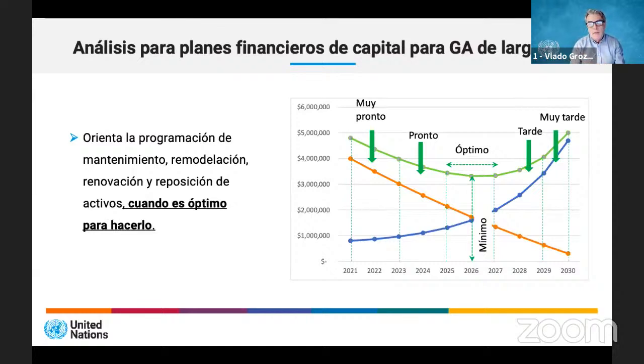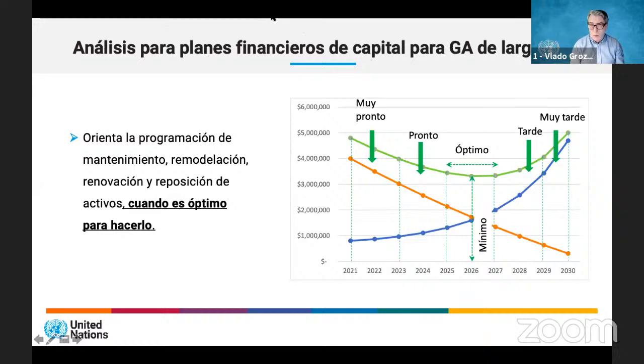On the green line, if we say the optimal level is in 2026, like it's shown on the graph, and we propose to invest for replacement between 2021 and 2023 for those assets which are not critical, then we're going to spend a lot of money.